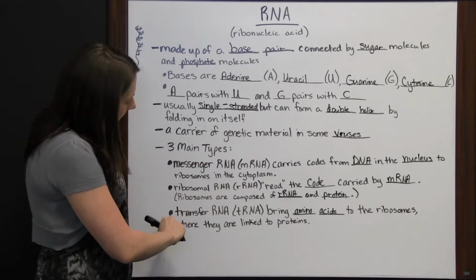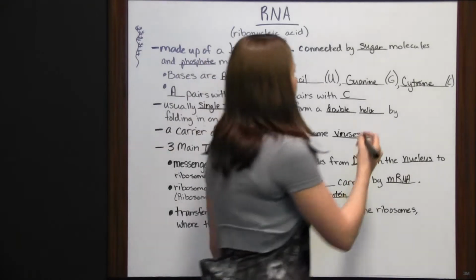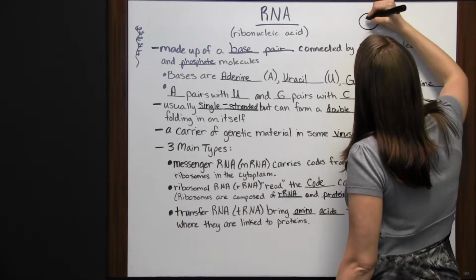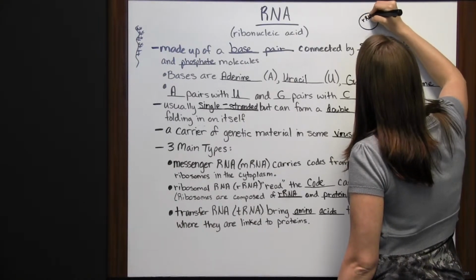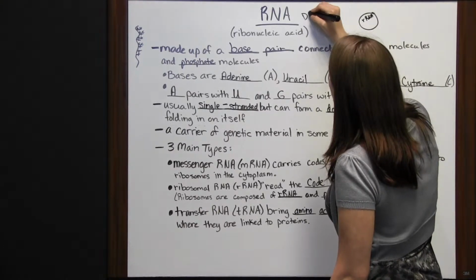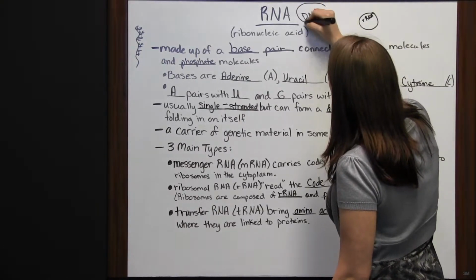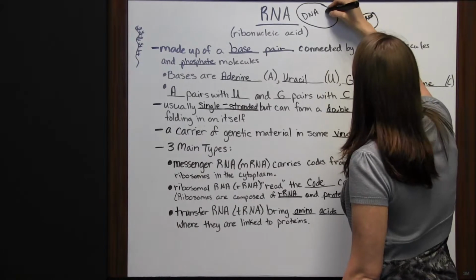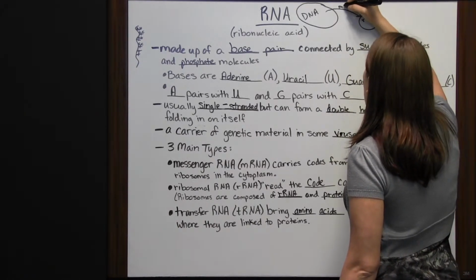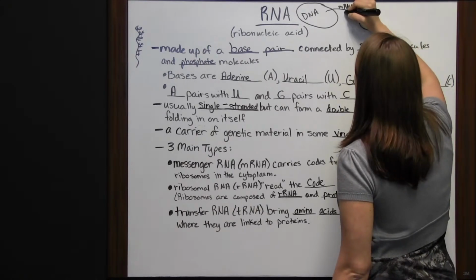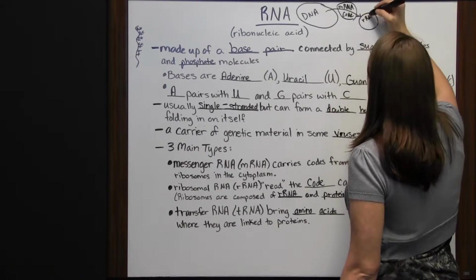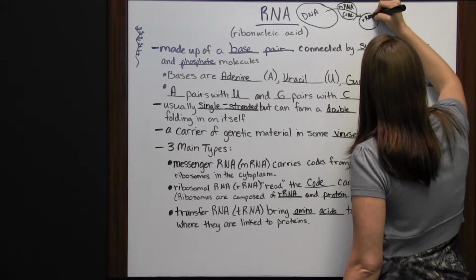So let me show you what this might look like. So let's say we've got our ribosome, and so you've got RNA, your ribosomal RNA in here. Well, you've got DNA in the nucleus over here, and it's going to get transferred to RNA via the messenger RNA. So it's going to send that code along, and it's going to come into the ribosomal RNA.